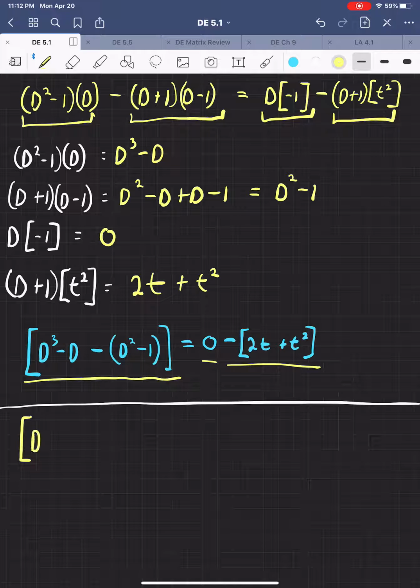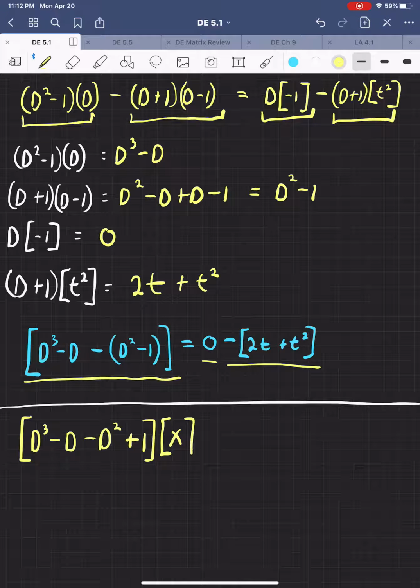We have d cubed minus d squared plus 1. All that is a function of x. That's equal to, that's going to be negative 2t minus t squared. Okay.